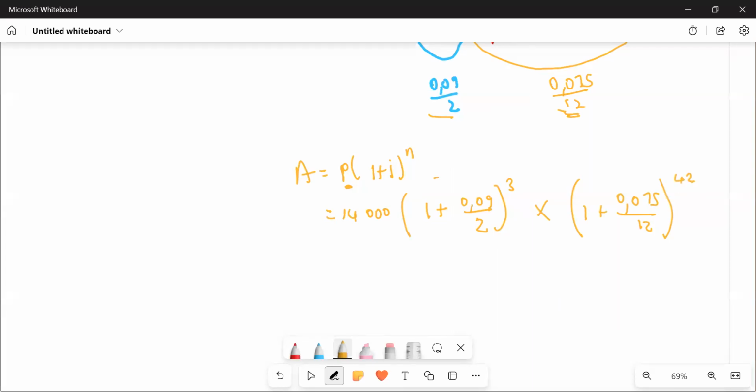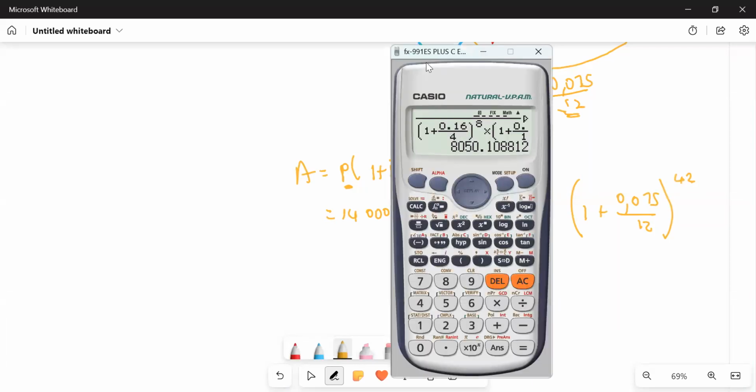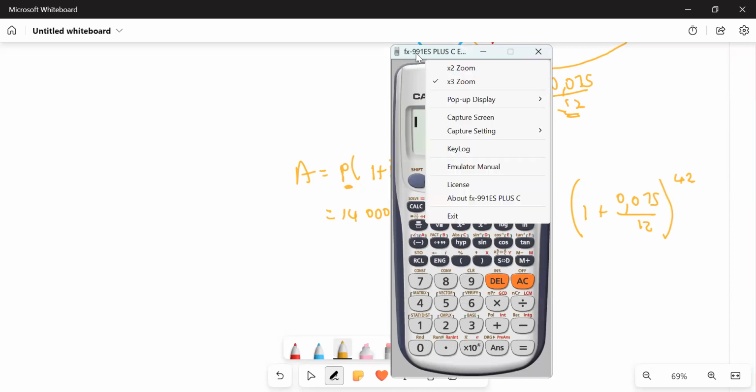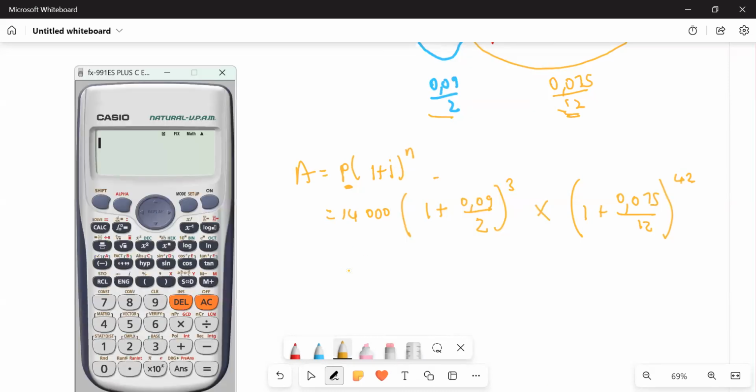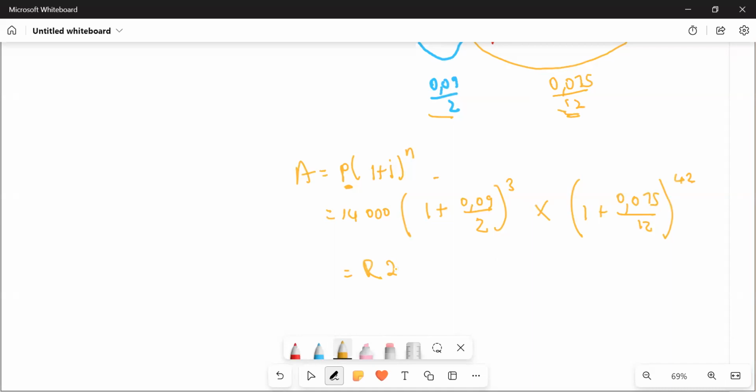If you type this in your calculator, let's check what we get. We get 20,755.08.